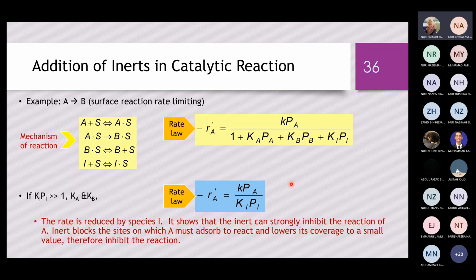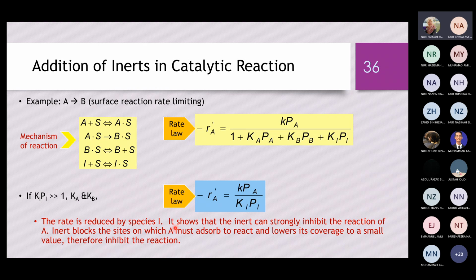So this is for the case if the concentration of inerts that we use in the reaction is much larger than reactant A. Okay, what we can conclude from this reaction, the rate is reduced by species I, meaning that the rate of reaction is reduced by the inert because the concentration of inerts in the reaction system is much larger than the reactant A. It shows that the inert can strongly inhibit the reaction of A.